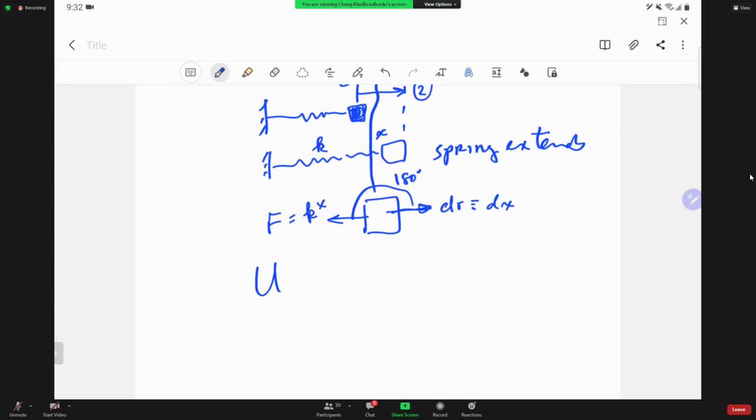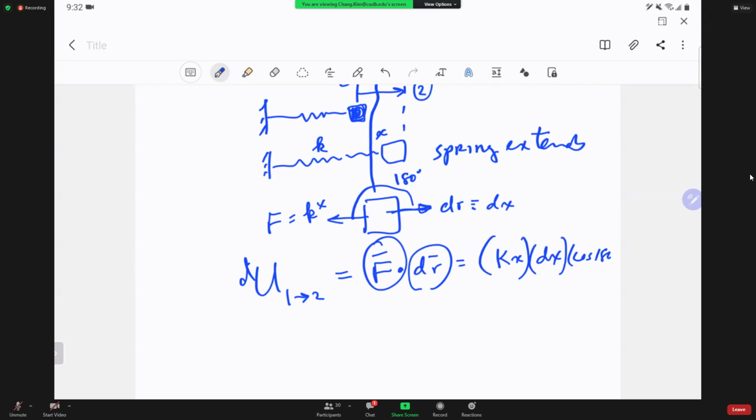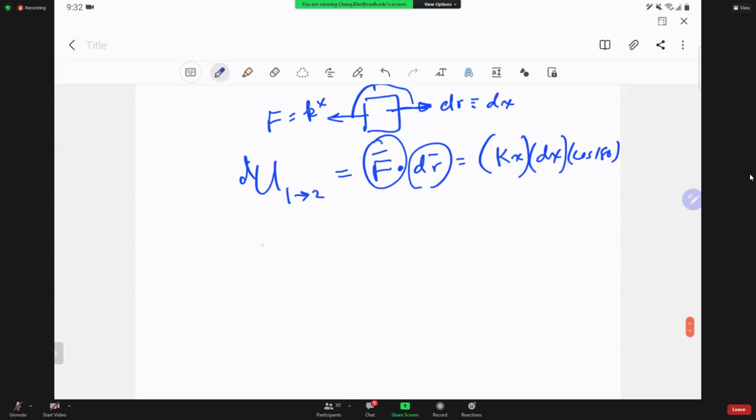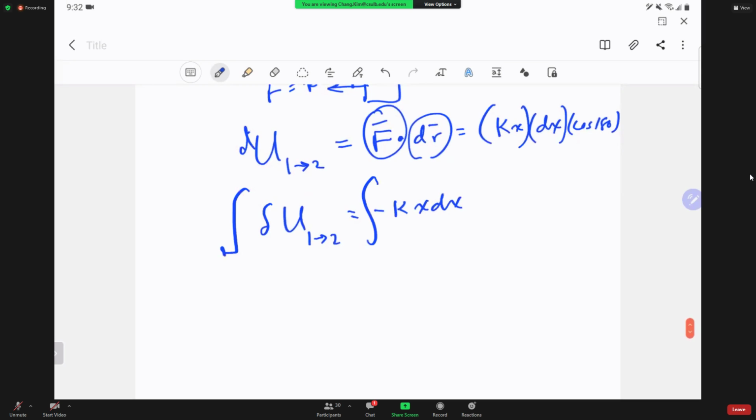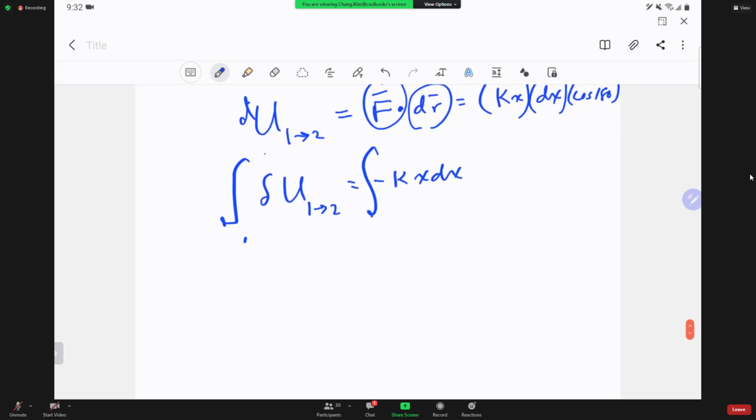So U1 to 2 in this case is equal to force times dr. In this case, force is kx, dr is dx, and the cosine term is cosine 180. So therefore, it's going to be kx dx, and it's going to have a minus there. And I'm going to integrate between 1 and 2.